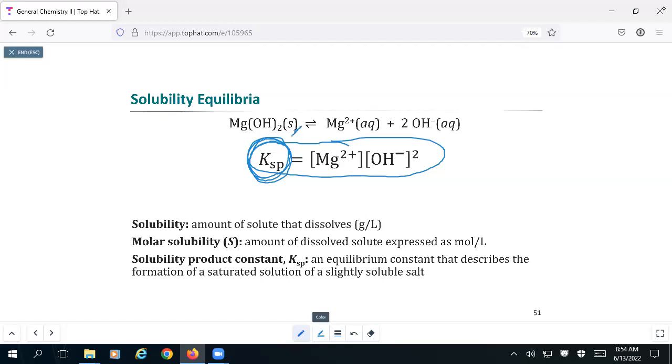This solid here is a consistent feature of solubility equilibria. And since solids aren't included in the equilibrium expression, that means that we're really just dealing with a product here. And that's why it's called the solubility product constant, because we're looking at solubility data, molar solubility. And since there's no denominator, it's just the product. And the end result is our equilibrium constant K.